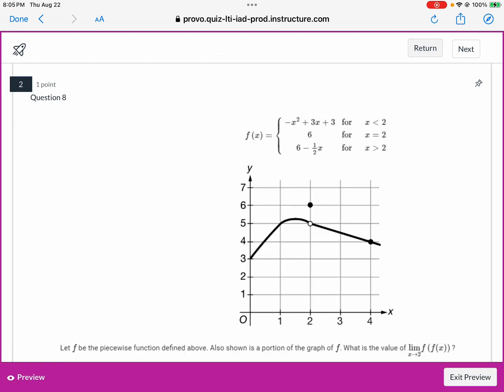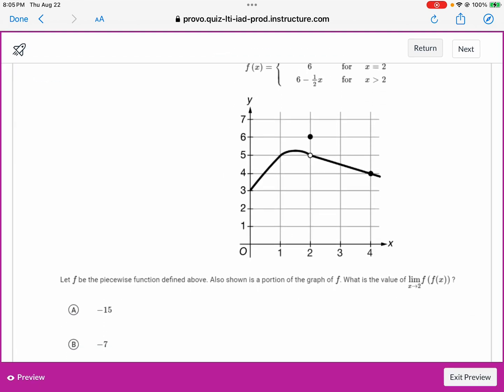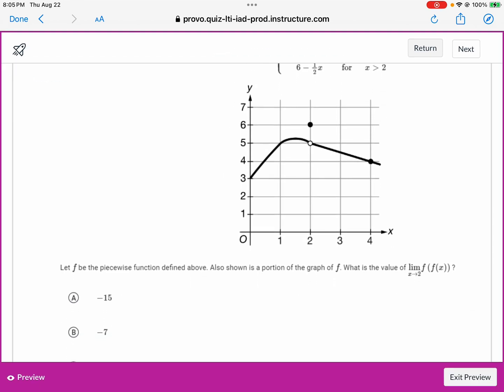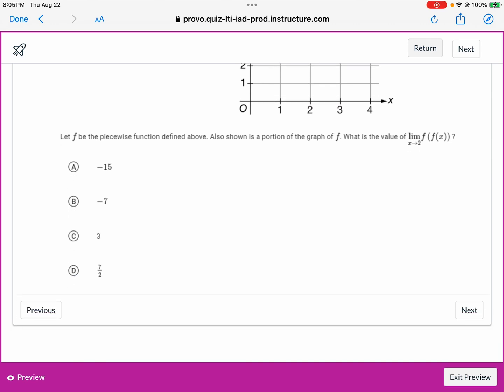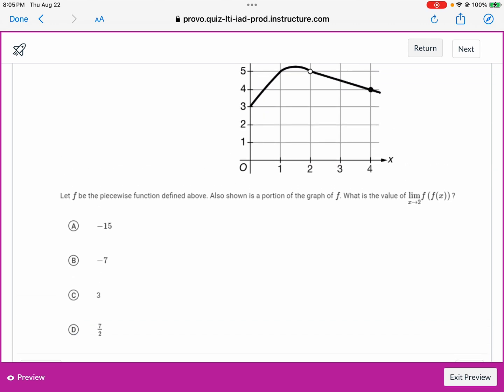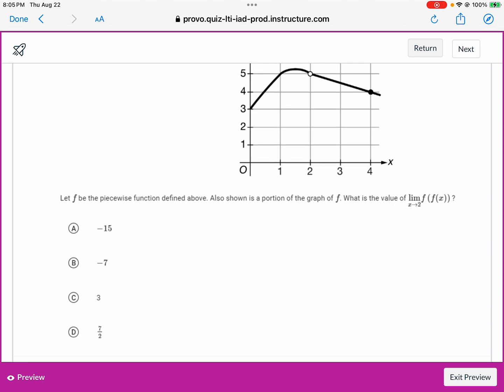Question 8. We have a piecewise function, and let f be the piecewise function defined above. Also shown is a portion of the graph of f. What is the value of the limit as x approaches 2 of... look, we got ourselves a composition here. Make sure that you follow those steps for the limits of compositions.